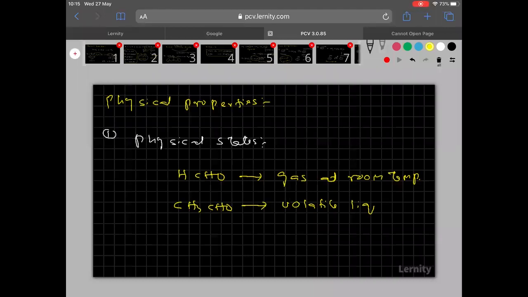Is it clear? And now remember, the remaining aldehydes and ketones are liquids or solids.